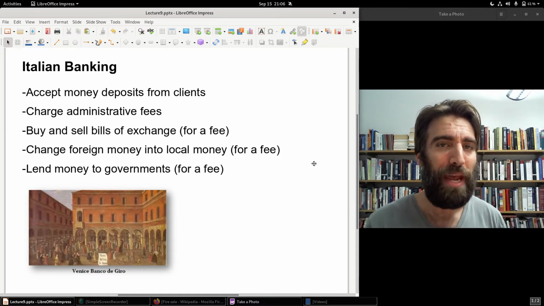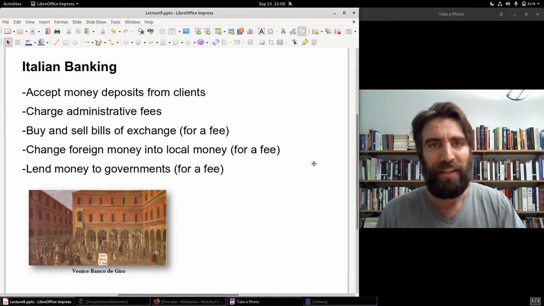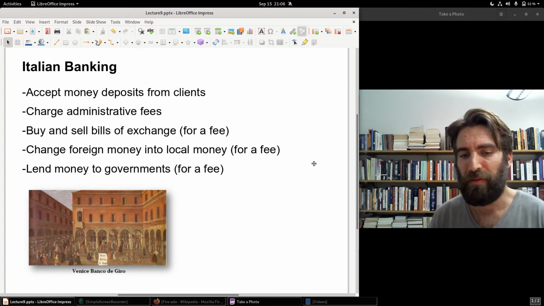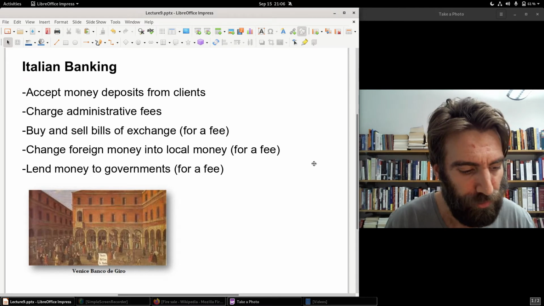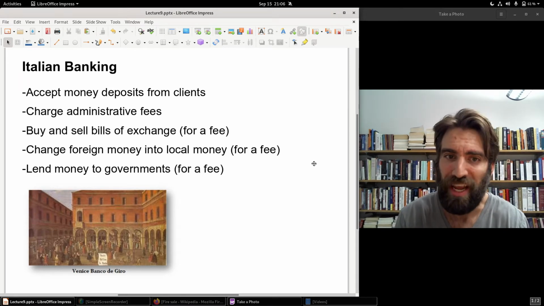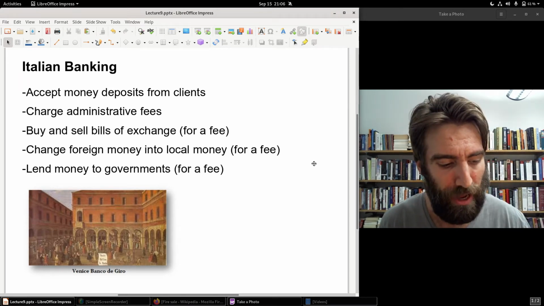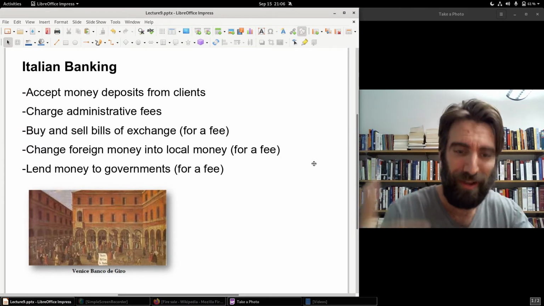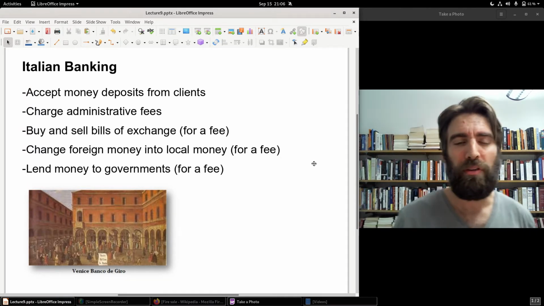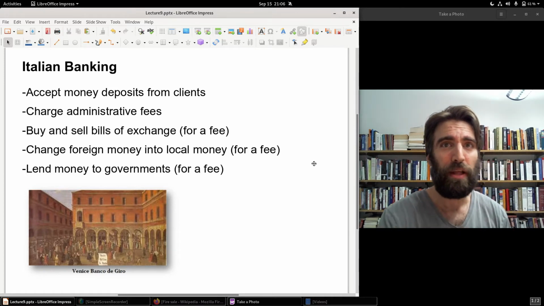The Italian banks had their ways of making a profit from lending money, and the church had stated that it was acceptable and not immoral to charge a fair administrative fee, and so you better believe the banks were on that.